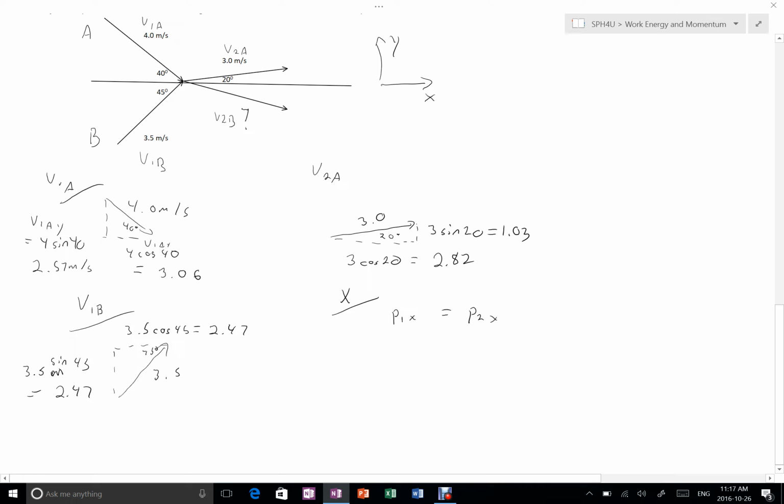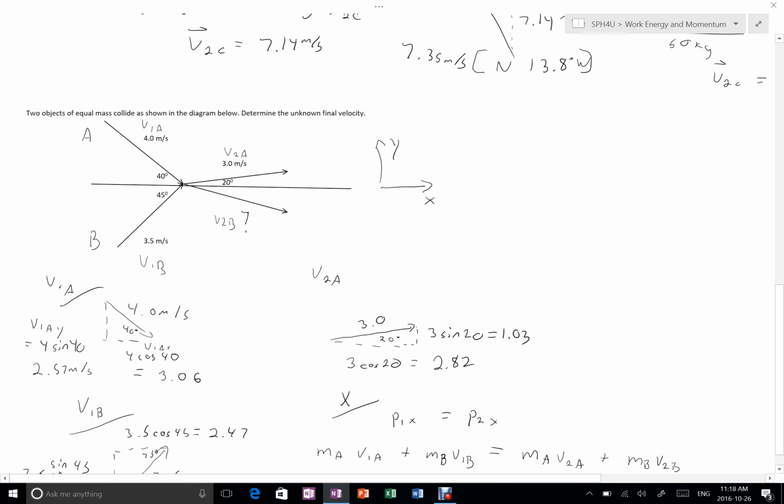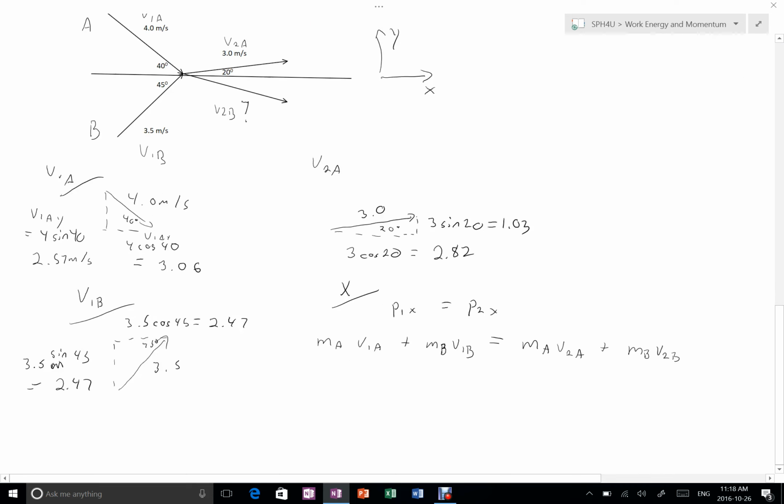Initial momentum total, so object A's initial velocity plus object B's initial velocity. Going to my final situation, object A final velocity, and object B final velocity. Now we said in the question the objects have equal mass, which means all of these mass values are the same, so we can ignore those.